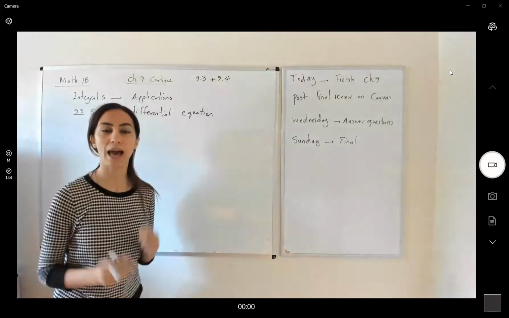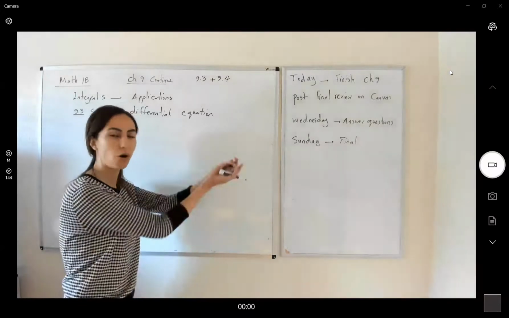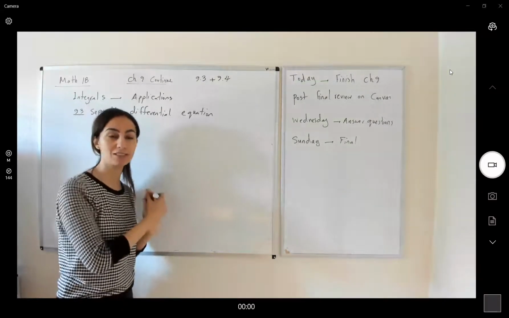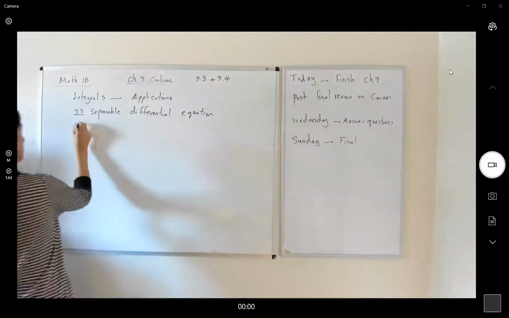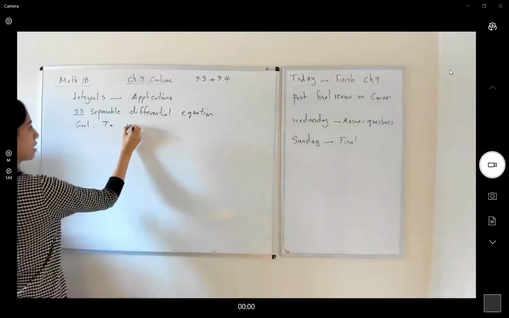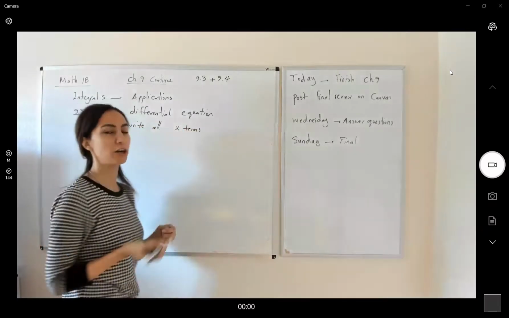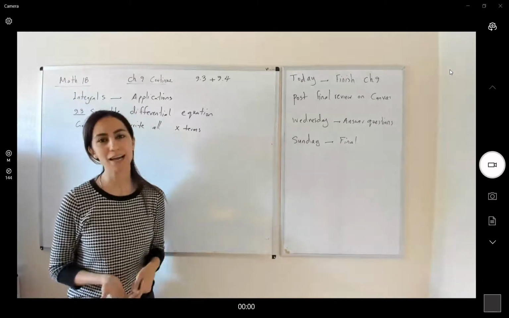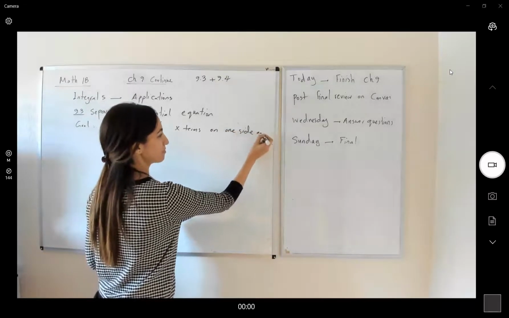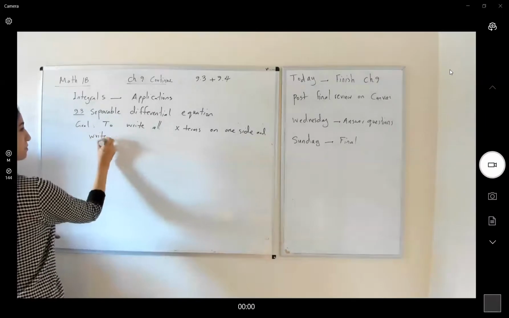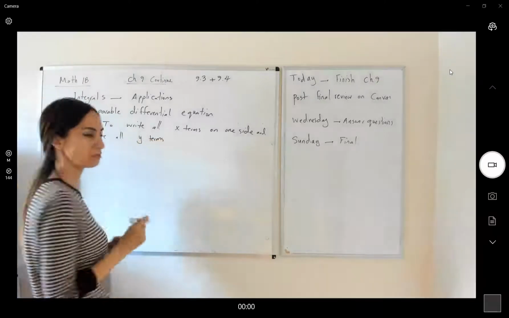So what is our goal? Our goal is to write a differential equation in the format that all x values are on one side, all y values are on the right-hand side. So this is your goal: write all x terms, either in linear format, dx, on one side, and write all y terms like dy.